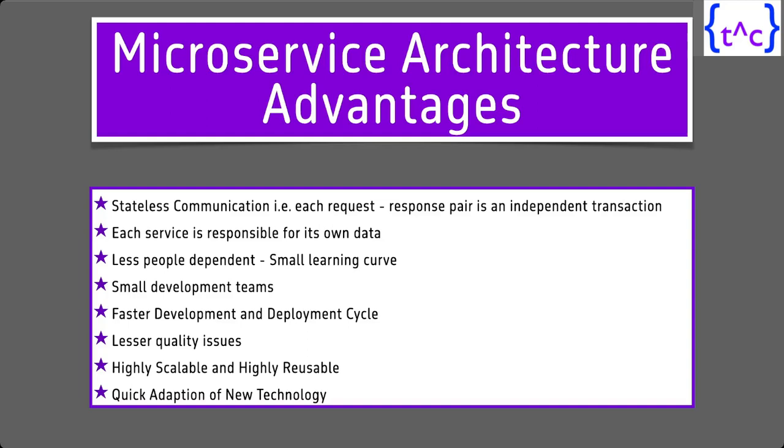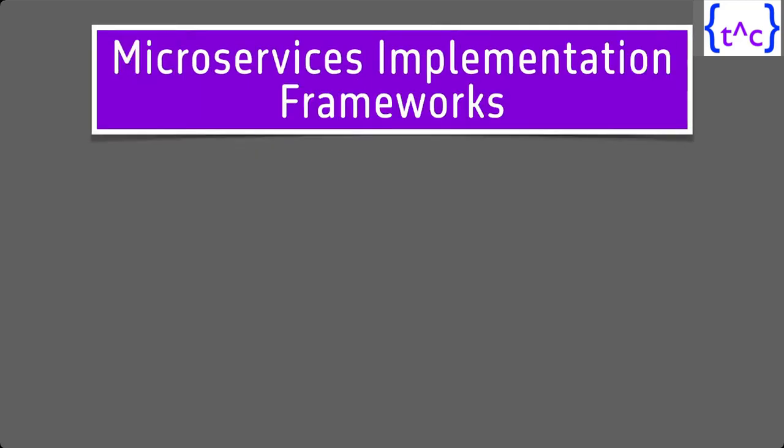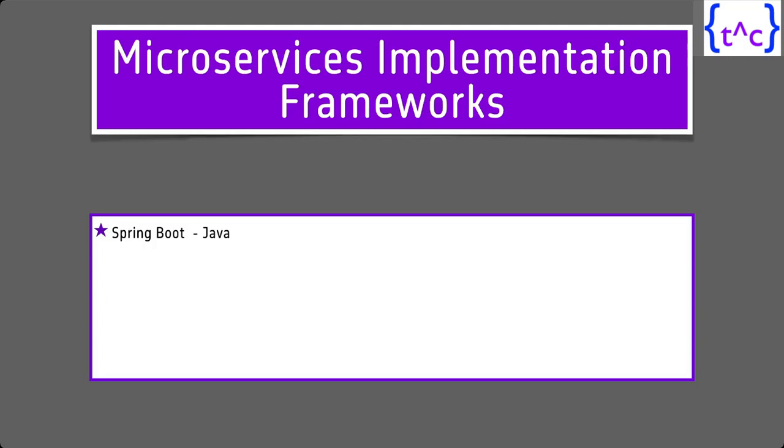All right, so let us now quickly move towards what frameworks are available for implementing microservices. I'll try to cover the important ones here. First, an extremely popular framework for microservices implementation is Spring Boot using Java. Among Java developers, the Spring Boot microservices implementation framework is extremely popular.